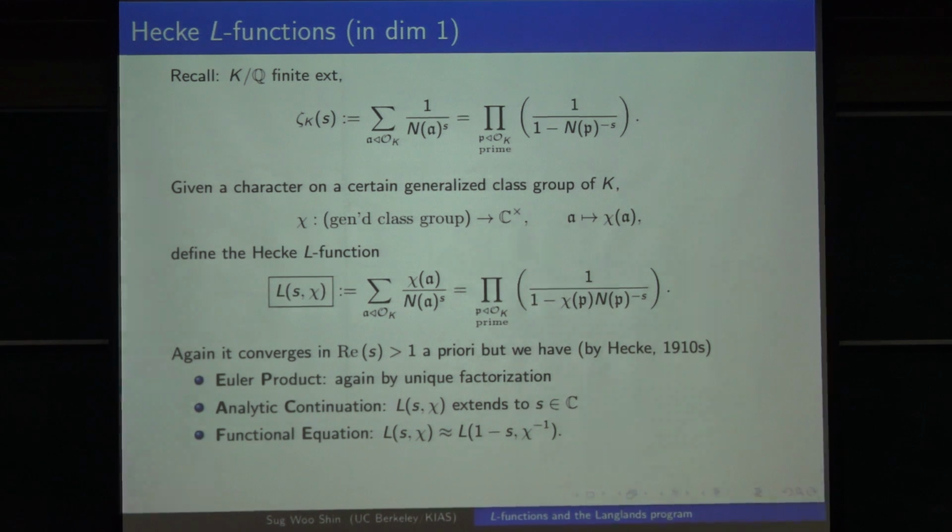Okay, and just a technical remark: Hecke L-functions in dimension 1, I said, well, there are two kinds of Hecke L-functions, really. In the 1930s, Hecke associated L-functions with modular forms, if you know what modular forms are, and that's kind of a dimension 2 object. So that's why I say this one is in dimension 1.